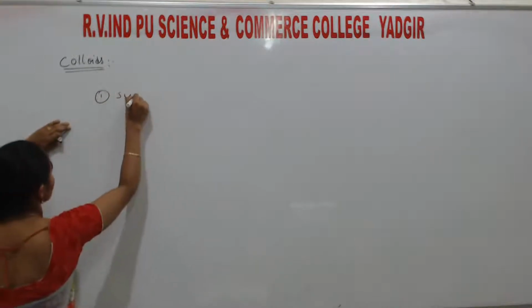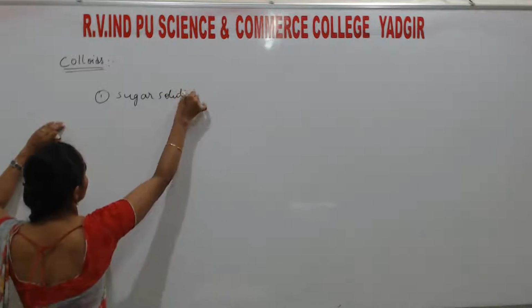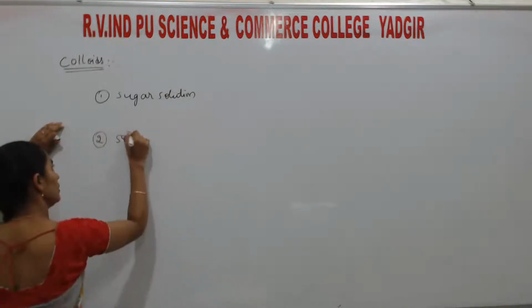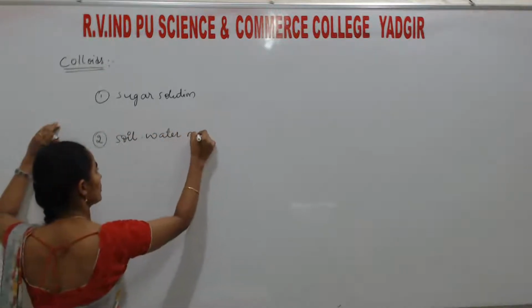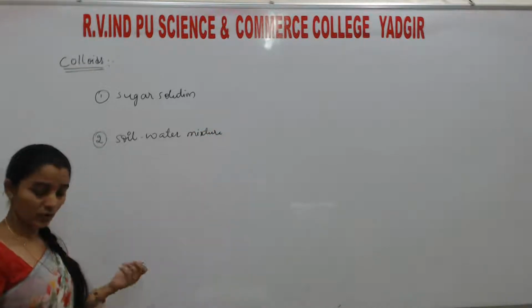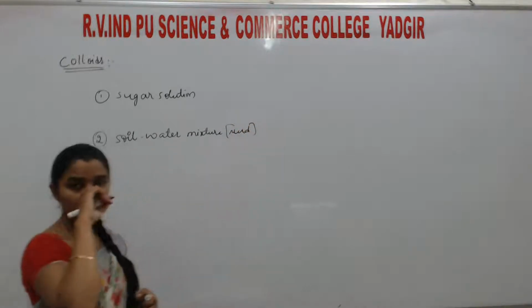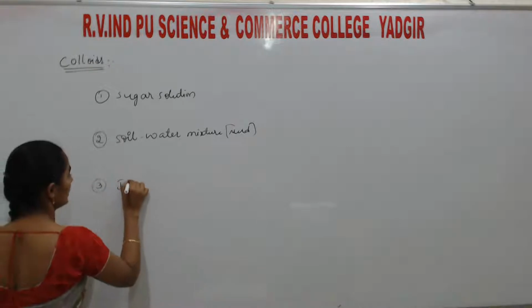One is sugar solution, the second one is soil-water mixture, mud you may say, and the third one is ink.